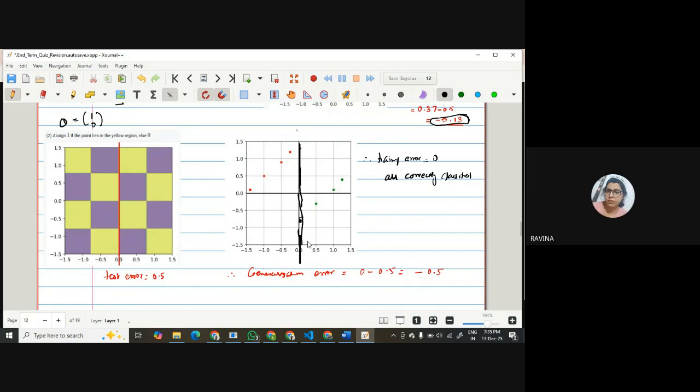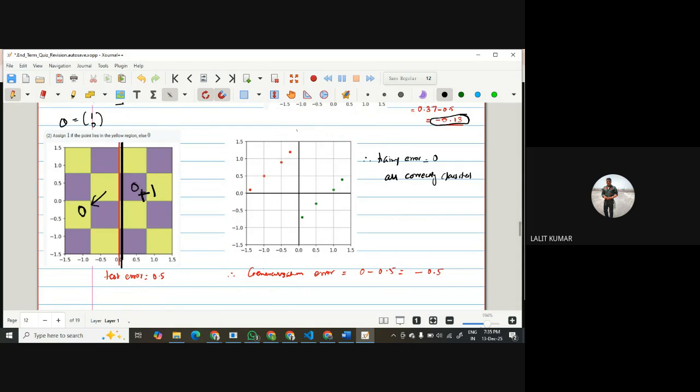I'm not able to understand how you are calculating test error. Okay, test error you have to calculate, for example. See, this is your point, and all these points you are classifying as +1, and you are classifying here as 0. And you can see they all are symmetrical.